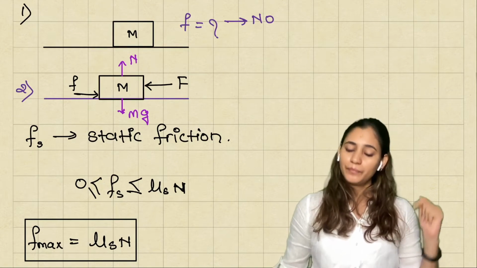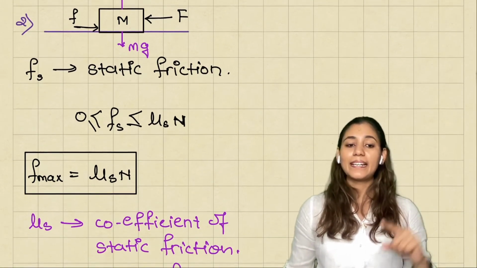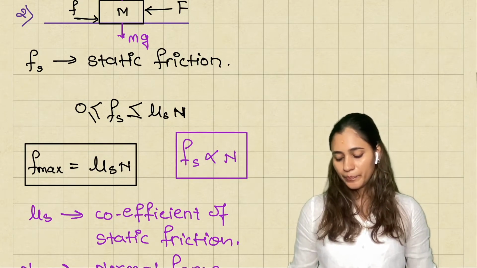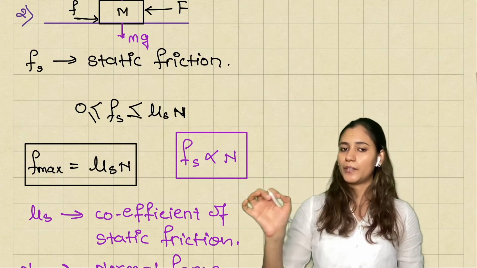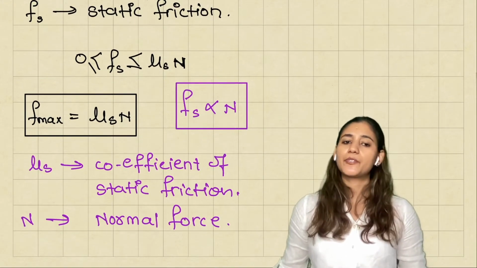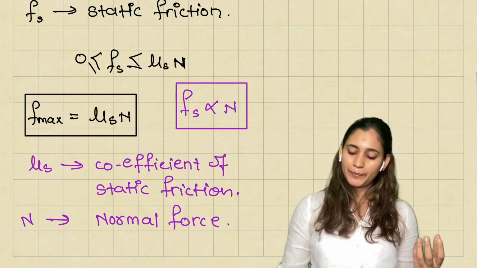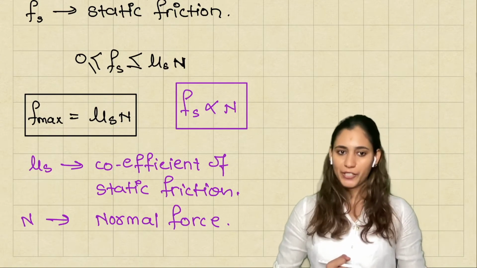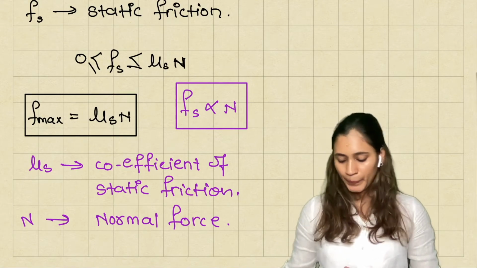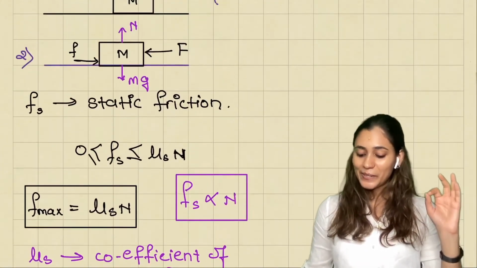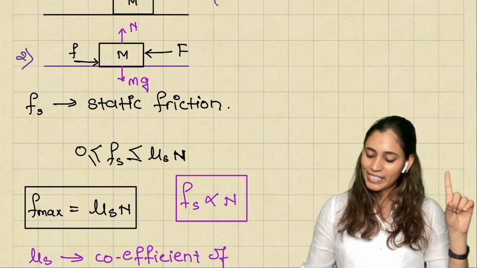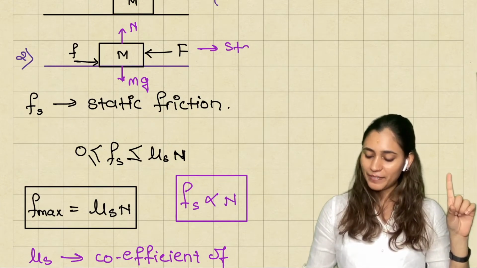Simply we can say the frictional force is directly proportional to the normal reaction applied on the block. To remove this proportionality sign, we take a constant, which is mu s, the coefficient of static friction. So this is one type of friction, which is static friction.